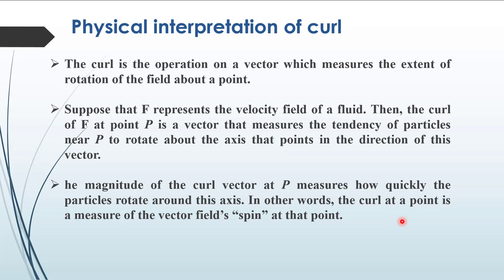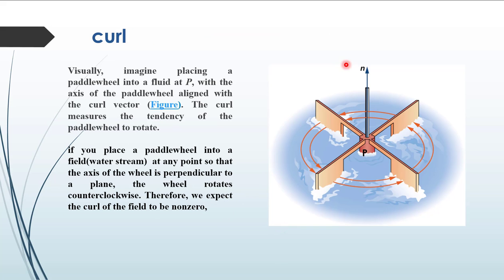In other words, the curl at a point is a measure of the vector field's spinning operation or spin at that point. For example, suppose I place a paddle wheel in a water flow. If the water is steady, the wheel will not rotate.